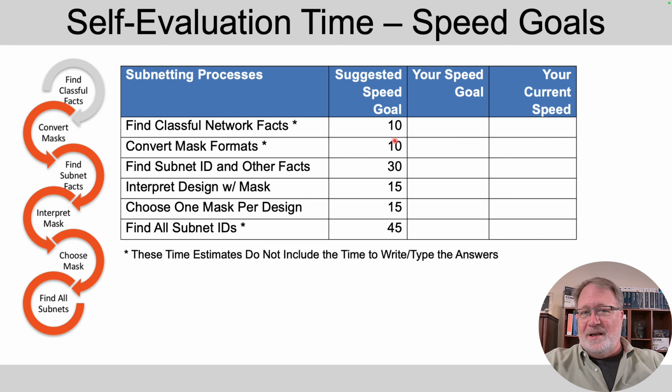Your speed goal may be less than mine. That's just what I think you need to be ready to do so that subnetting does not become a time pressure issue for you. Then when you're practicing, when you're always getting the right answer, get this, then when you're practicing, you should time yourself to see how long these problems are taking you, to see if you're meeting your speed goal.